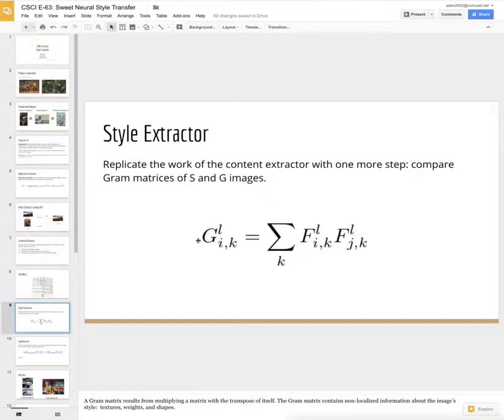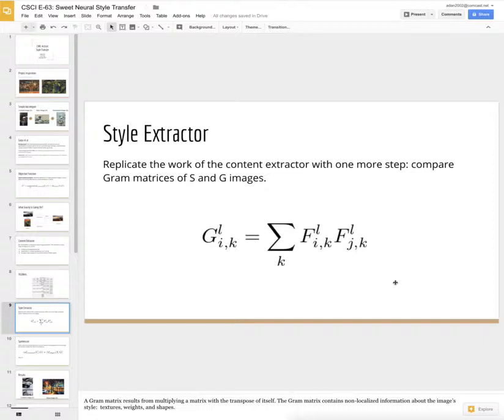And so for style extraction, we're replicating the work of the content extractor, but with one more step. Instead of comparing the raw outputs, we're comparing the gram matrices of the style and generated images. And to calculate the gram matrix, we just take one matrix and multiply it by its transpose. While I don't understand it fully, what I do know is that the gram matrix contains non-localized information about the image's style, and so this includes things like texture, weights, and shapes.